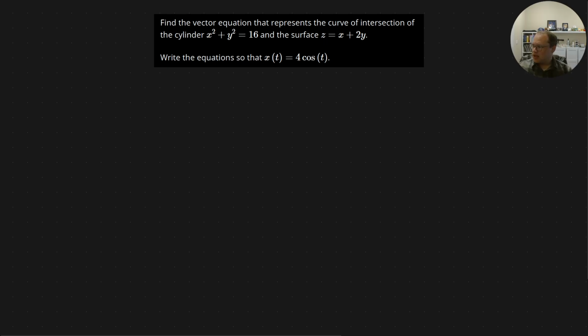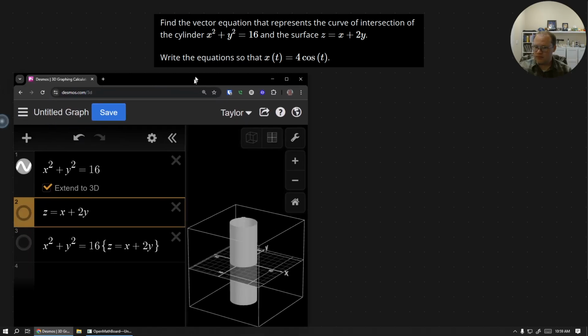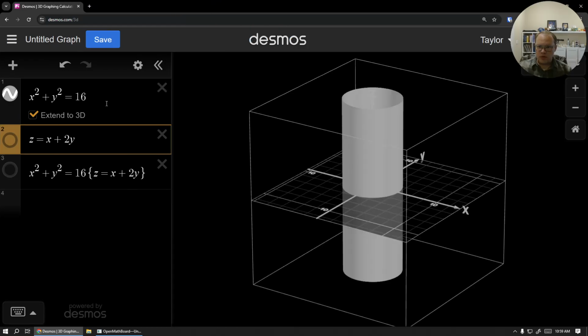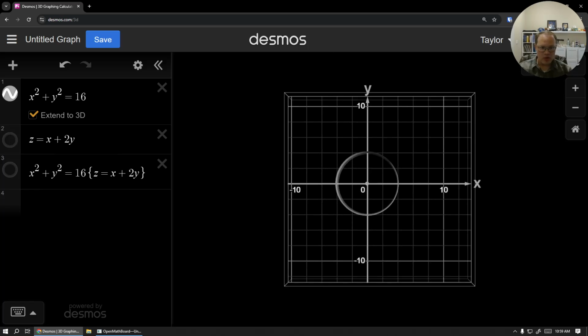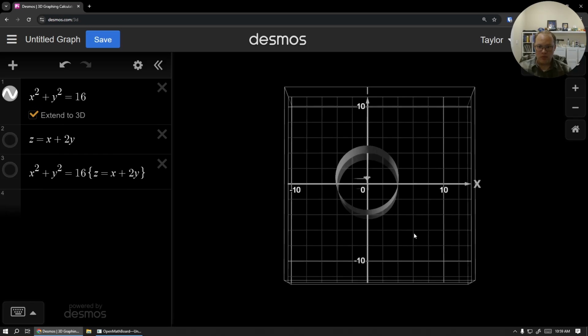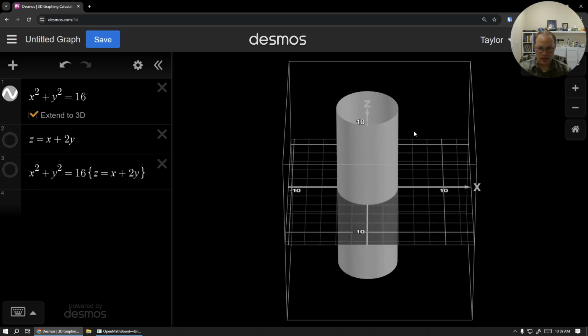Okay, so let's get an idea of what that looks like. So x squared plus y squared equals 16, that's a cylinder, right? If we just look at the xy plane, of course, it's a circle, but we stretch it in the z direction, we get a cylinder.